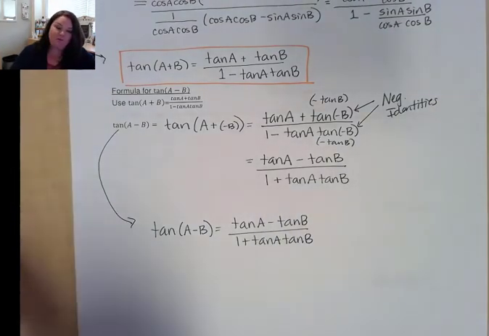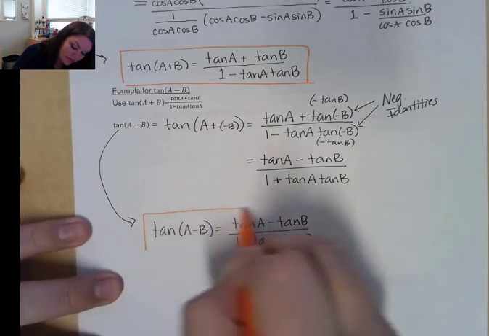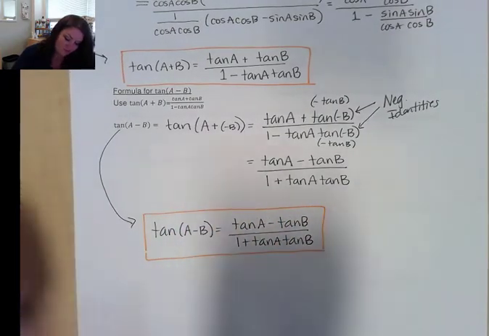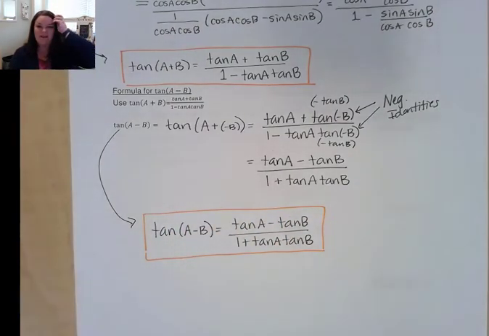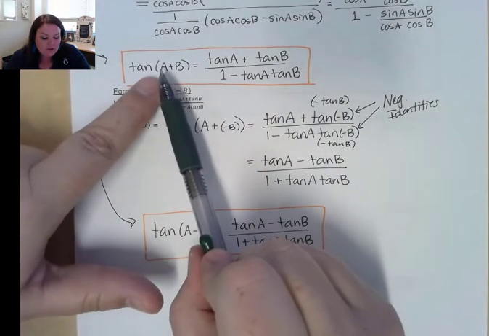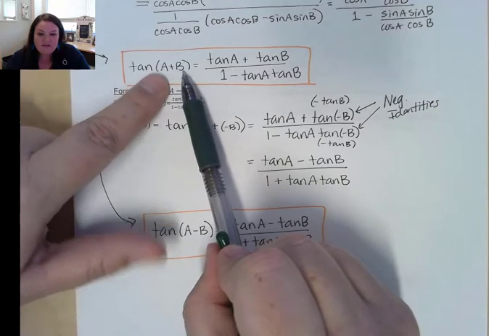And I was going to come up with a clever way for y'all to remember this one, but honestly, it's really not that bad. Even though it has a rational expression, notice exactly what you're doing.